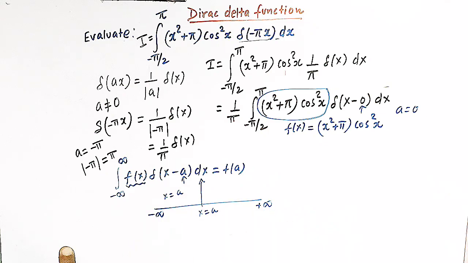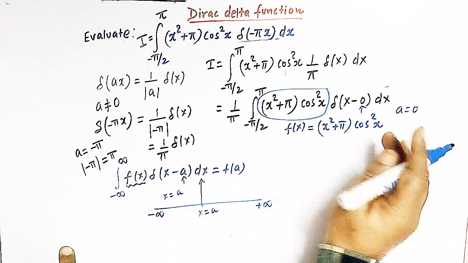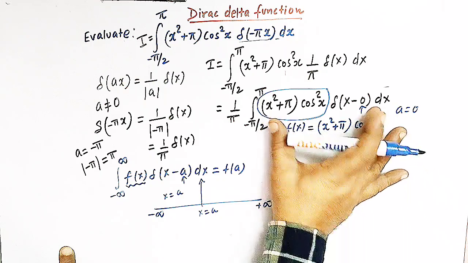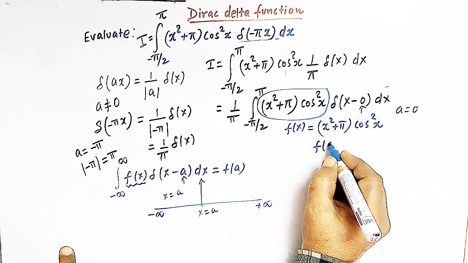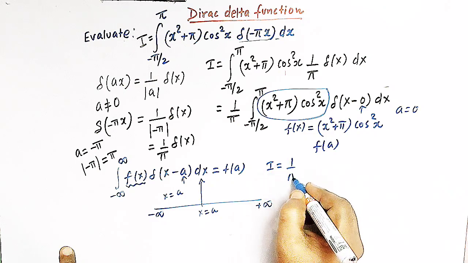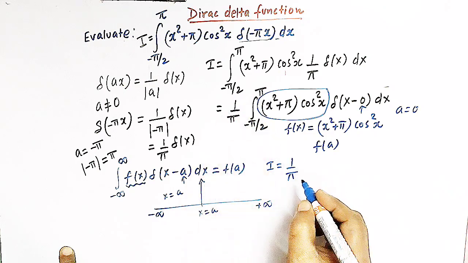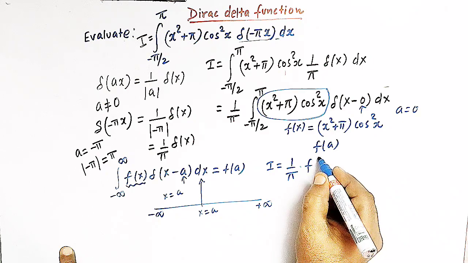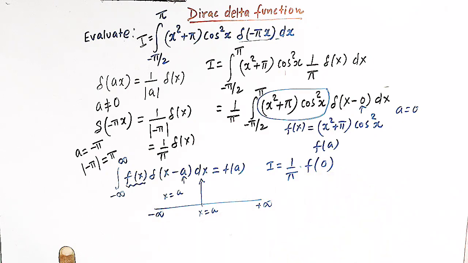So the value of this integral is equal to simply f of a. So we have I equal to 1 over pi, because we have this factor 1 over pi, and here we have f of 0.